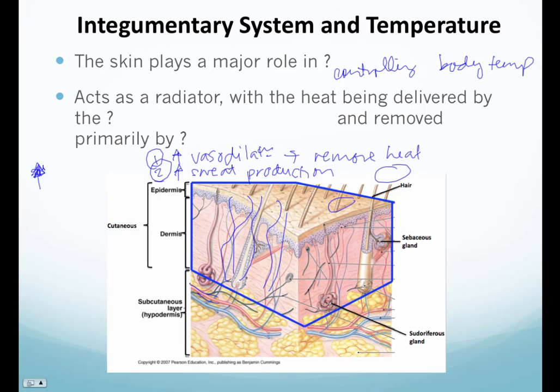As this sweat evaporates, it'll also help bring the heat with it. Okay? So if we fill this in, it acts as a radiator with the heat being delivered by the dermal circulation and removed primarily by evaporation of your sweat or perspiration.